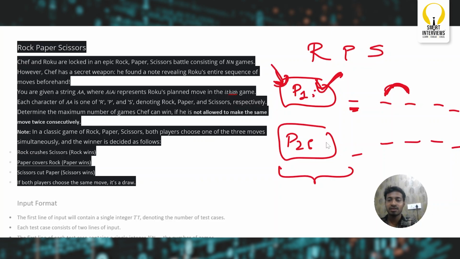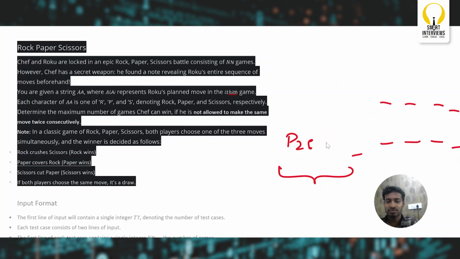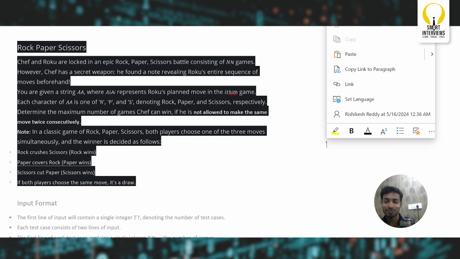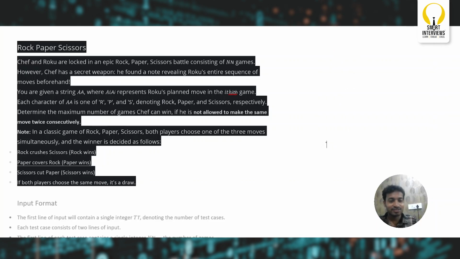If we have chosen rock at this move, in the next move you cannot choose rock again, as player 1. Now, let's look into the logic. That is the question. I hope the question is clear. If not, you have the question in CodeChef, go through it. The agenda is the solution. Let's continue.